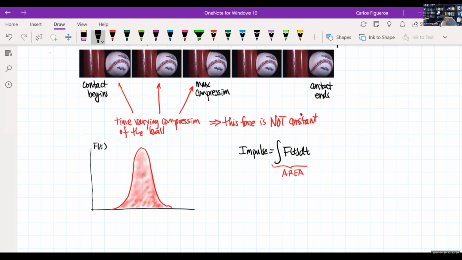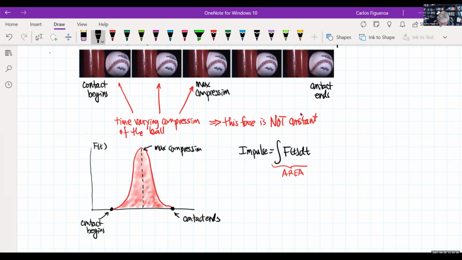So if I look at this point right here, this point right here is where contact begins. This point here, I'm going to say that contact ends. And then the peak here, this point here, tells me that this is where I have maximum compression.